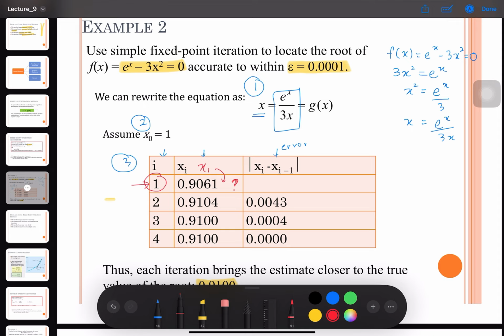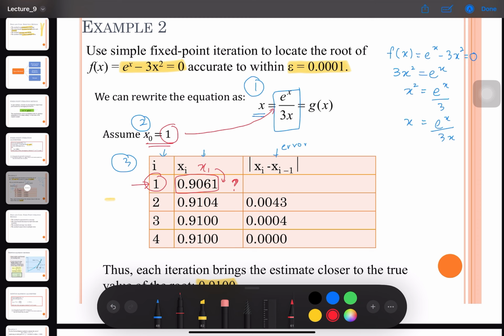Okay, what you need to do is, your x0 is 1, right? You substitute the value of 1 into this equation. It will be e power of 1 over 3 times 1. You will get this answer. Okay.